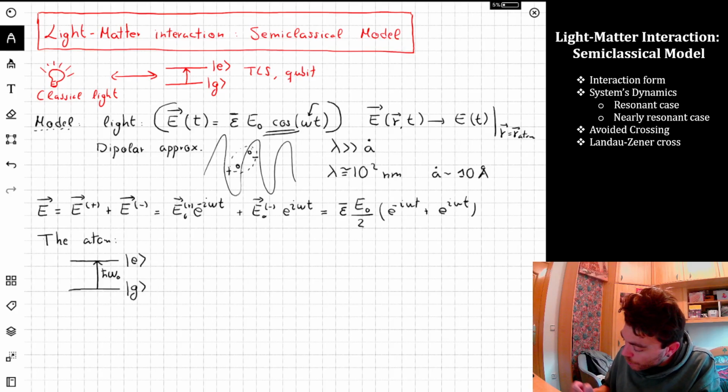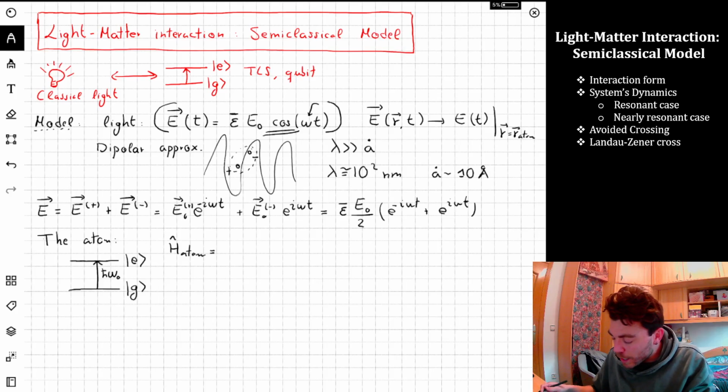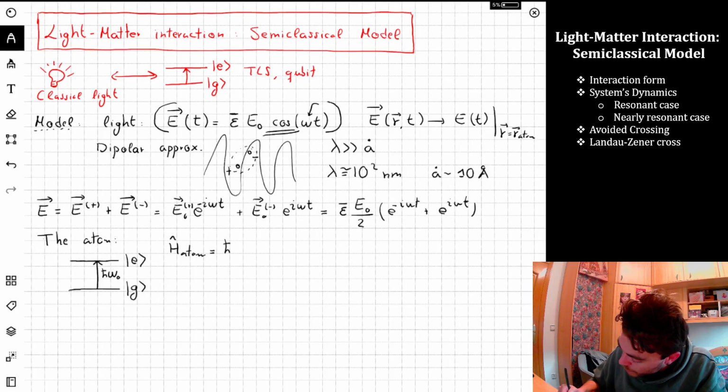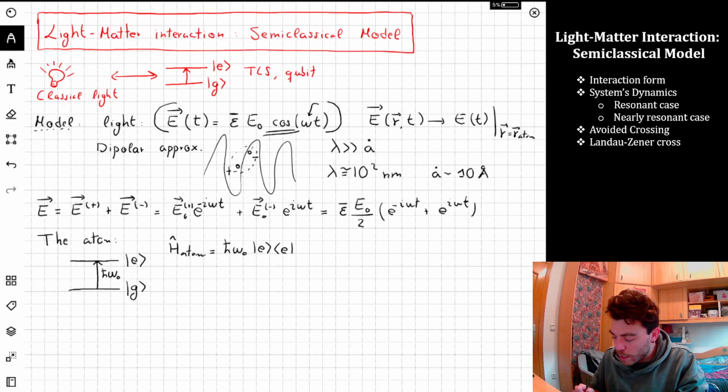Alright, so one can write a Hamiltonian in this basis that depends on where we put the energy equals 0. What I mean by that is that we say that there are two levels and the difference in energy between these two levels is omega naught, but what the absolute energy of each level is, is not relevant. In mathematical terms, this means that we can write the Hamiltonian of the atom to be diagonal in this basis, and the Hamiltonian of the atom would be this energy of the splitting, and then we will write it as the projector onto the excited state.